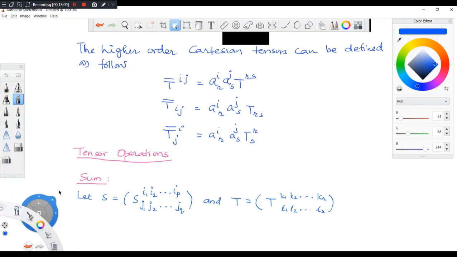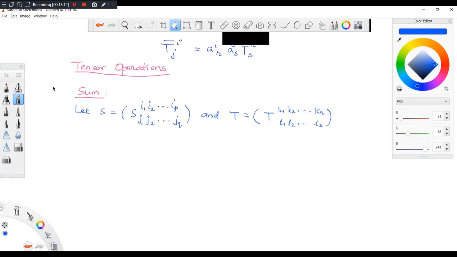Okay. Now, what is the sum of these two?